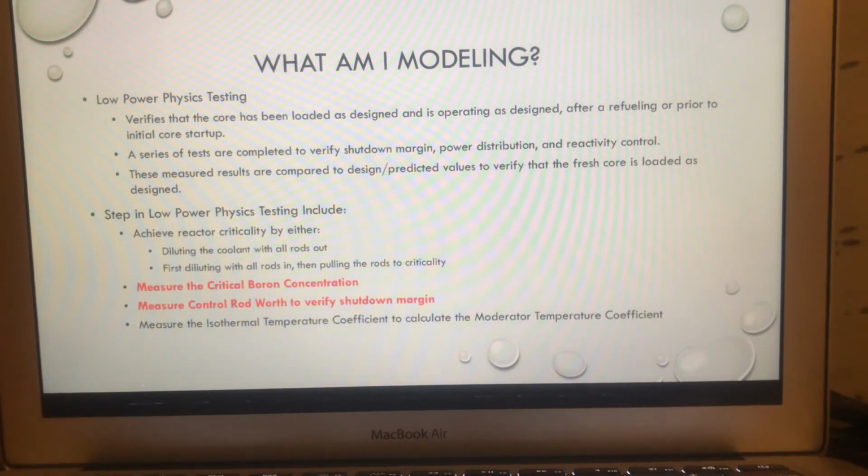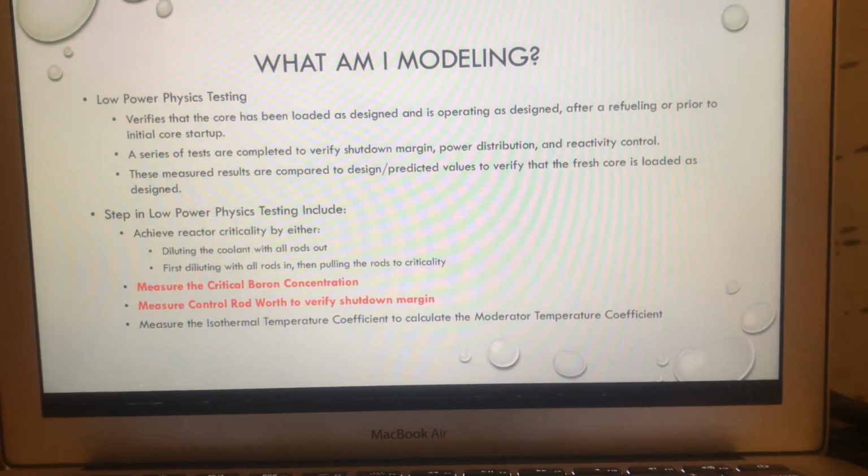And we are critical with that bank in just a little bit so that we have a little bit of room to add or take out reactivity. It's just so that we're able to play with reactivity a little bit.